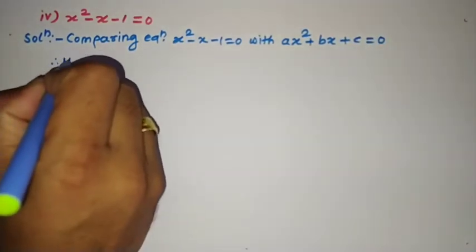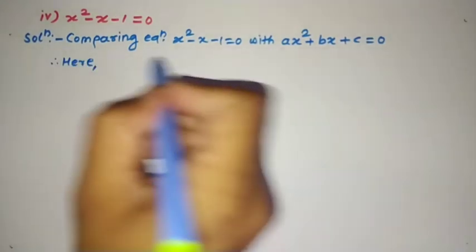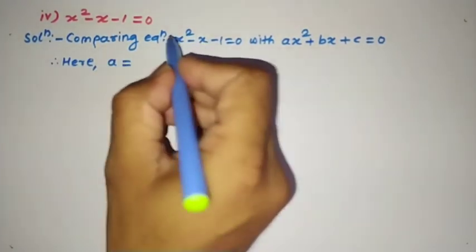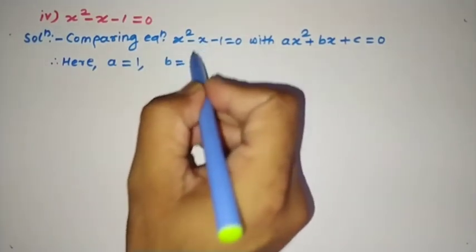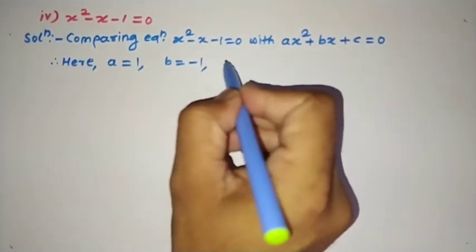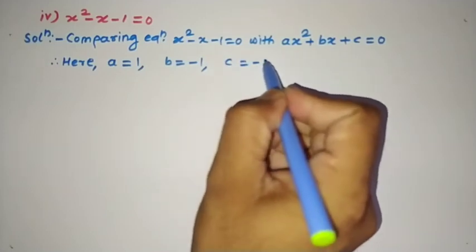Here the value of a is equal to the coefficient of x square, 1, the value of b is equal to minus 1, and the value of c is equal to minus 1.